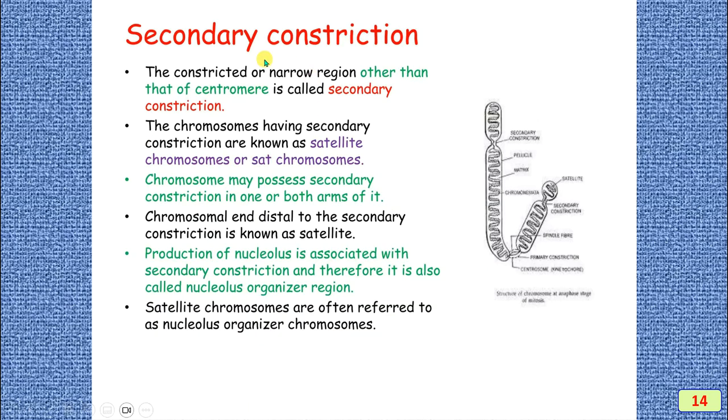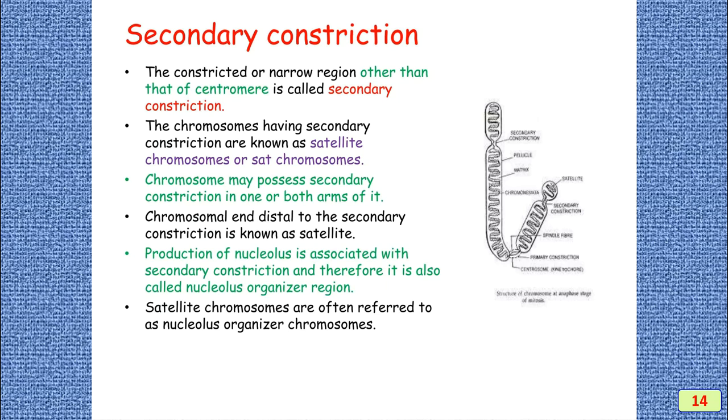So this is called the secondary constriction. A constriction in a narrow region other than the centromere is called the secondary constriction. The chromosomes having secondary constrictions are known as satellite chromosomes. A chromosome may possess a secondary constriction in one or both arms.